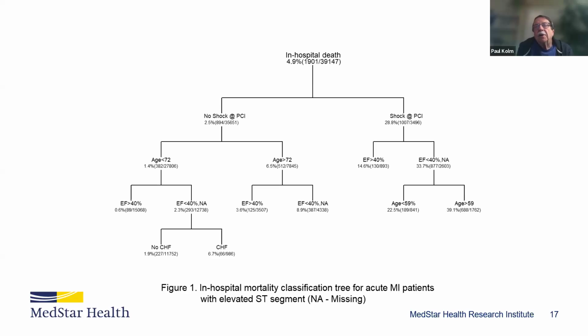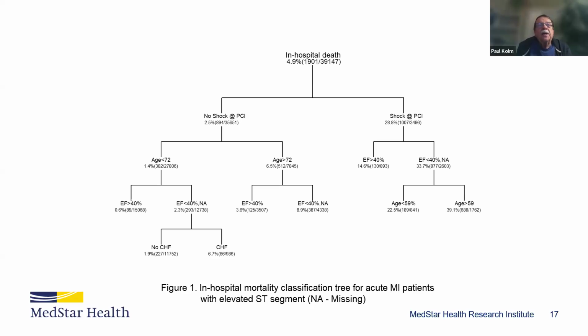So our initial variable of shock at PCI had nearly 29% death rate, but if we include ejection fraction less than 40 and age greater than 59, then that goes up to 39%.